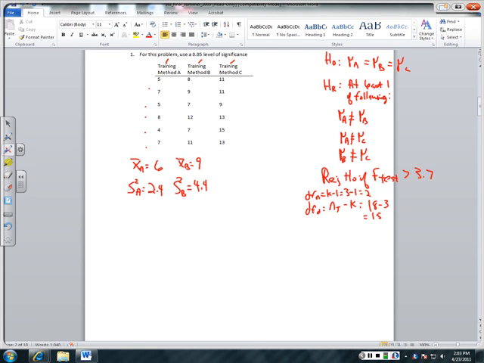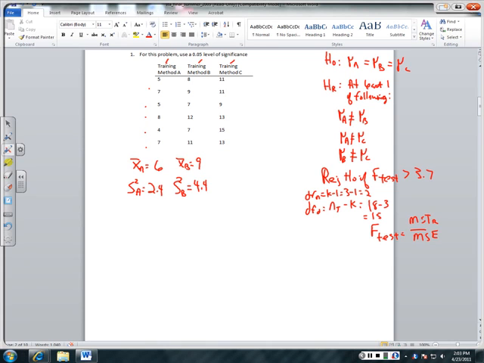Okay, so then we know we're going to compute the F test, and the F test is equal to the mean square treatment divided by the mean square error. So we're going to compute the mean square treatment and the mean square error. And to do that, a couple things we need to do first.